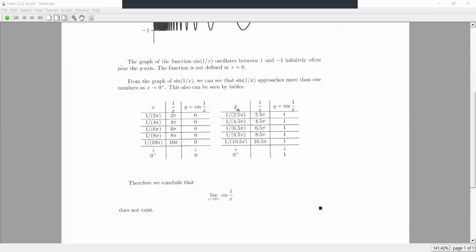So as x approaches 0 by taking on these points, the function approaches 1. So when x approaches 0, the function at least approaches 2 different numbers. Therefore, we conclude that this limit doesn't exist.